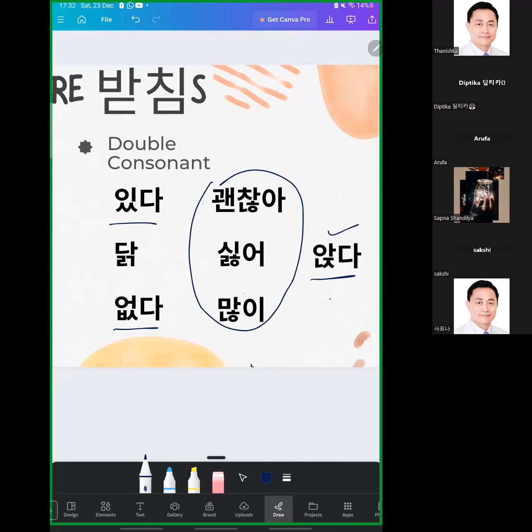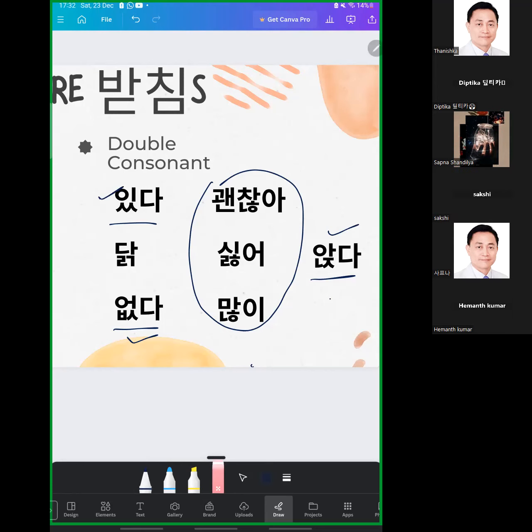Antha, Anjaseo, we learned that. This is opta, but with a vowel it becomes opso, opshi, right? Opsoyo. You can say isoyo, opsoyo. That's something we have learned. Itta also we learned as an example.